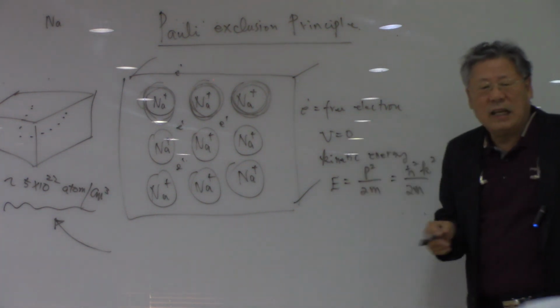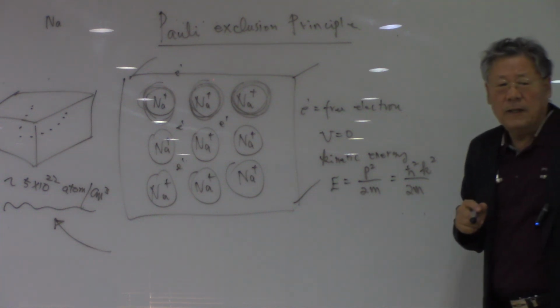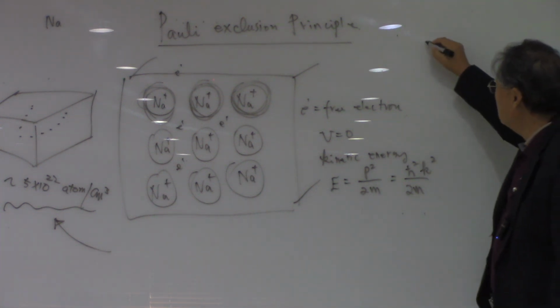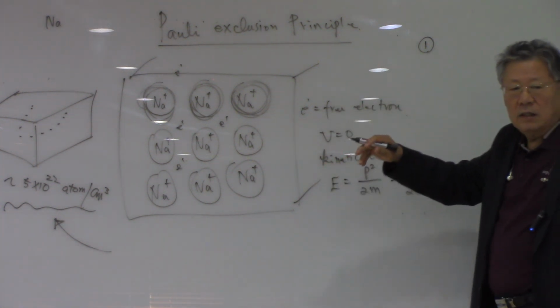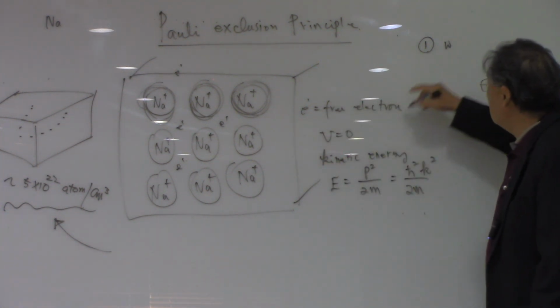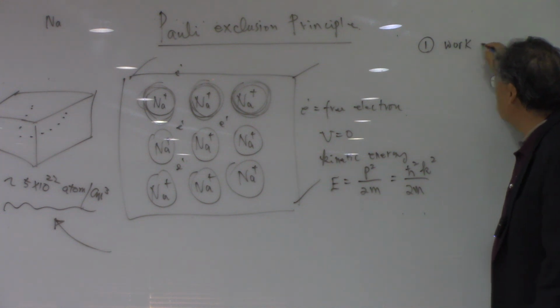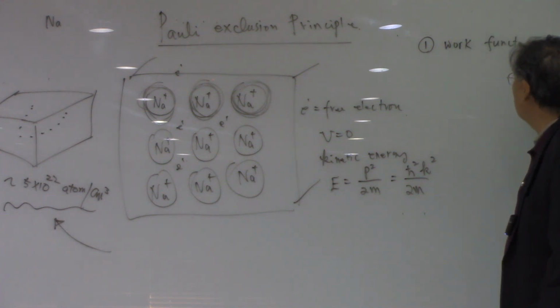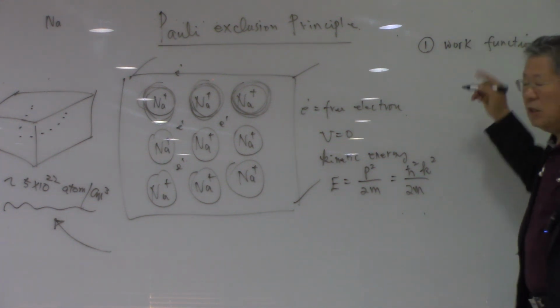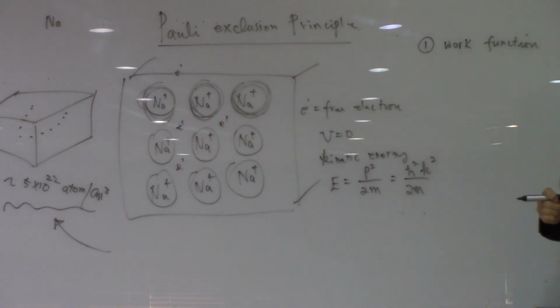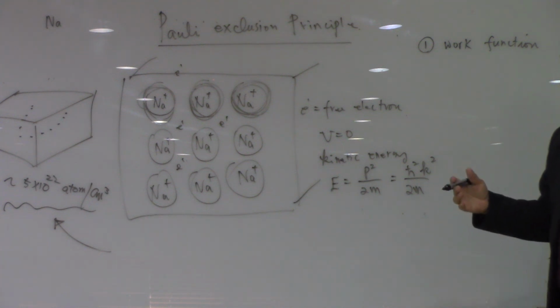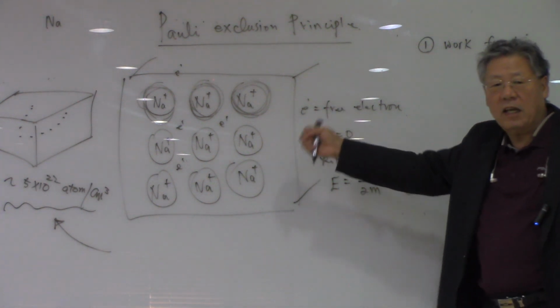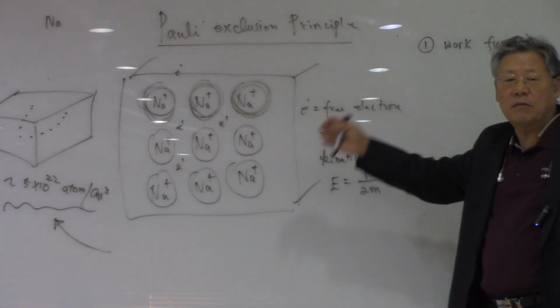It is not really free in two senses. One, it is confined in the solid. Unless this electron overcomes the work function, which is just the energy necessary to escape the electron into the vacuum out of the solid.